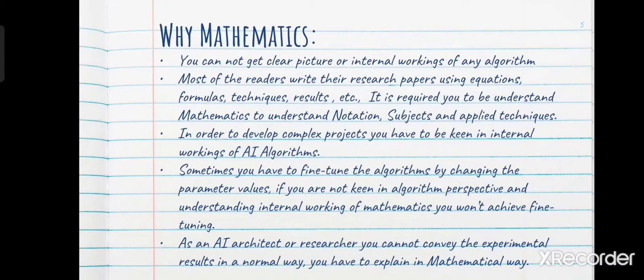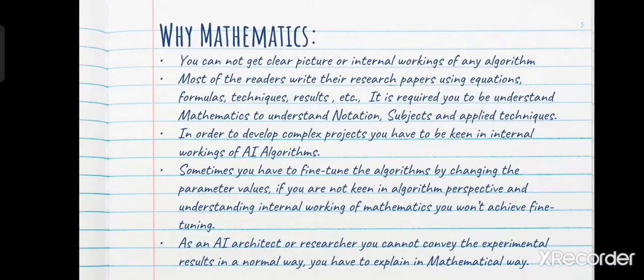Next, most readers write their research papers using equations, formulas, techniques, results, etc. You are required to understand mathematics to understand notation, subjects and applied techniques. So if you understand mathematics, only then can you understand the notations used in artificial intelligence as a subject. In order to develop complex projects, you have to know the internal working of AI algorithms. So you have to understand AI algorithms better so that you can work on complex projects.